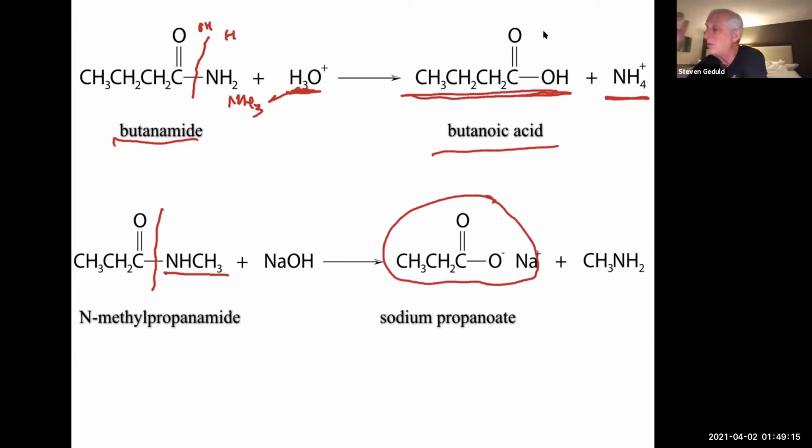So it all depends whether you're in acidic or basic solution, where the ion is going to form. So with acidic solution, the ion forms on the ammonium compound, the nitrogen compound. In a basic solution, the ion is going to form on the carboxylic acid portion of it, because it's going to donate its proton to the base, and vice versa for the other one.